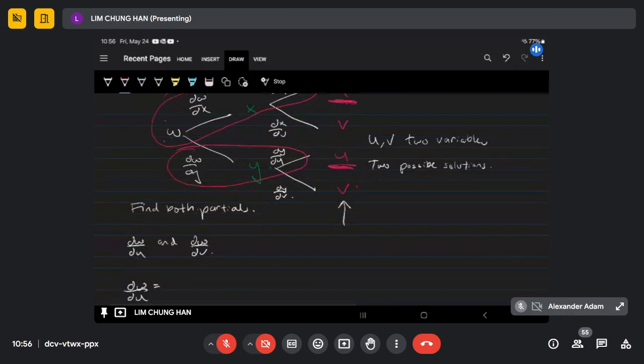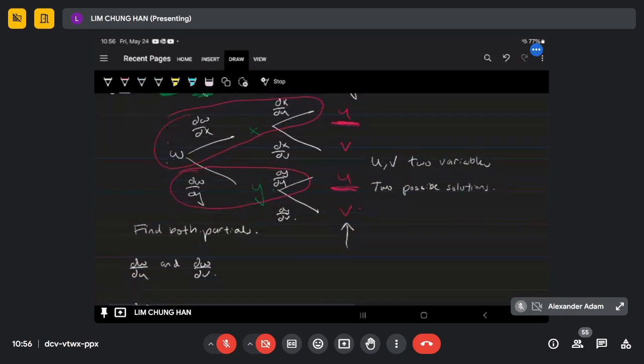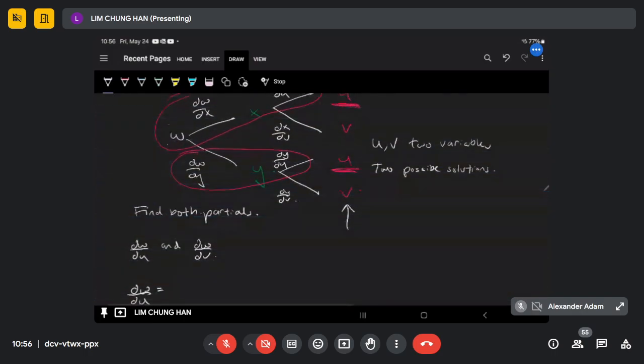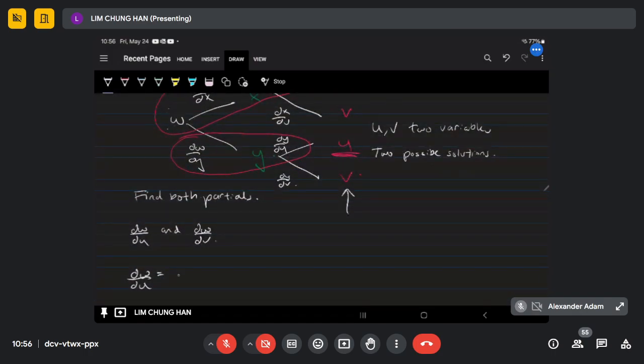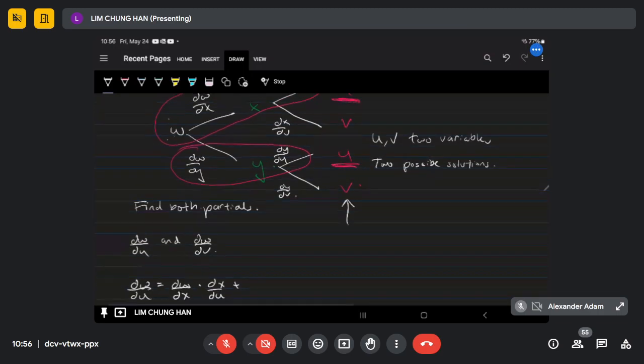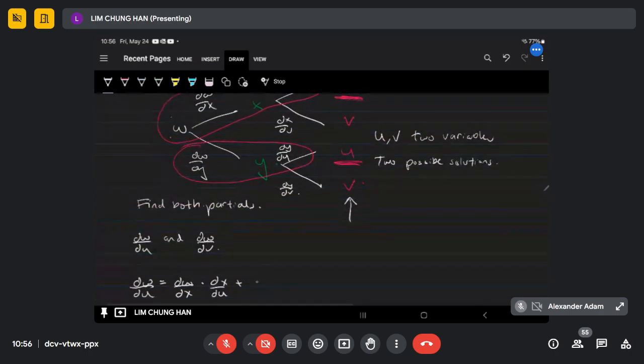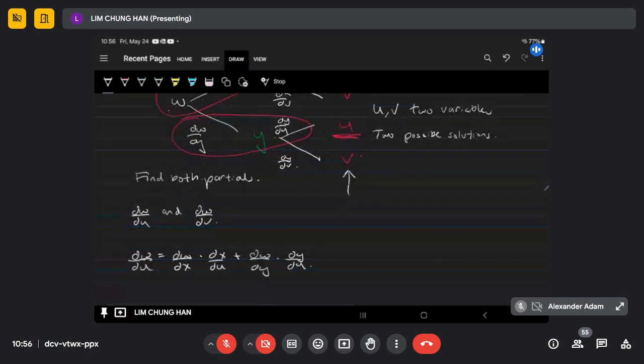Those are dw du. So it's dw dx times dx du, plus the bottom one, dw dy times dy du. So this is u.